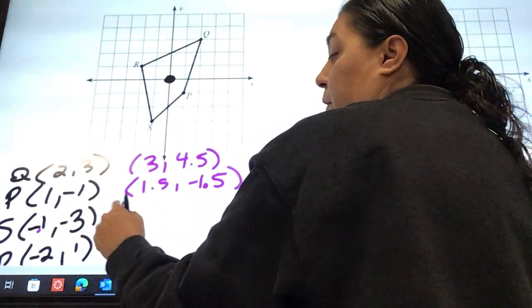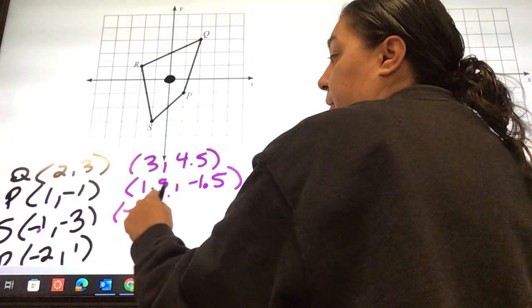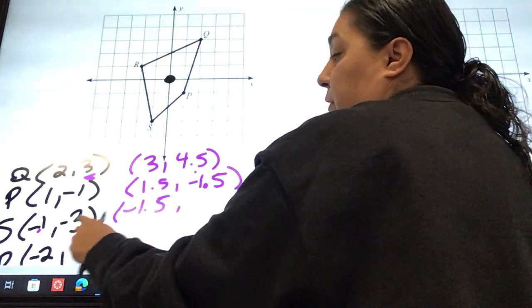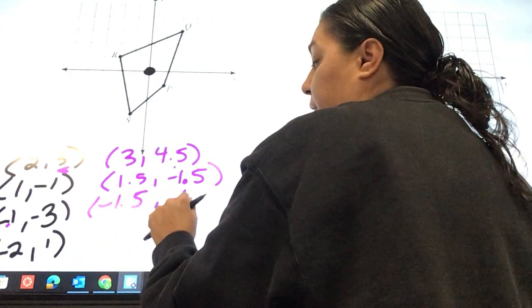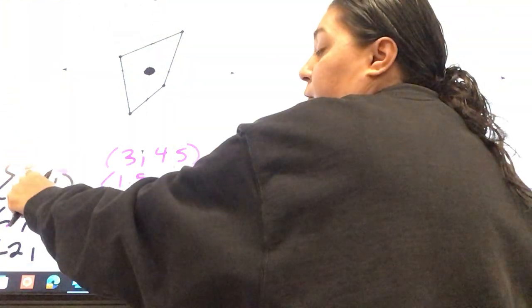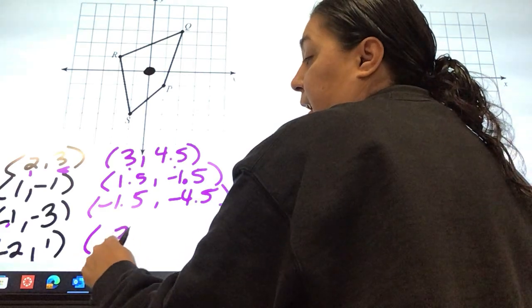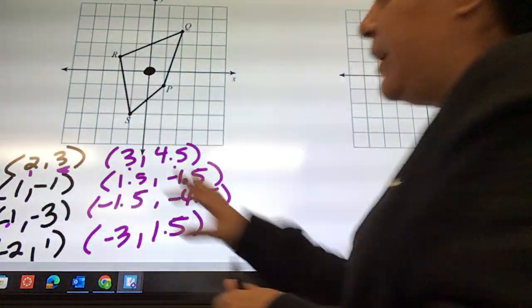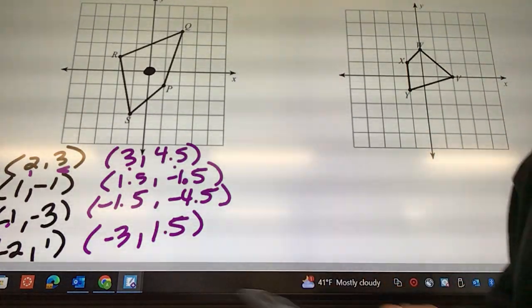Negative 1 times 1.5 is negative 1.5. We know that this 3 gave me 4.5, so negative 3 is going to give me negative 4.5. And 2 gave me a 3, so negative 2 gives me a negative 3, and 1 gave me 1.5. Try to match up the stuff so it's less typing for you.